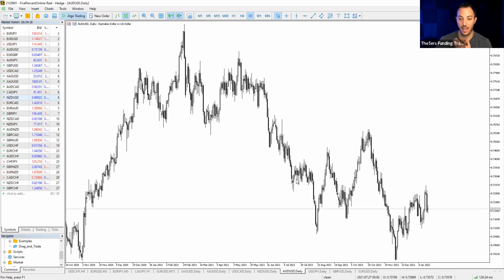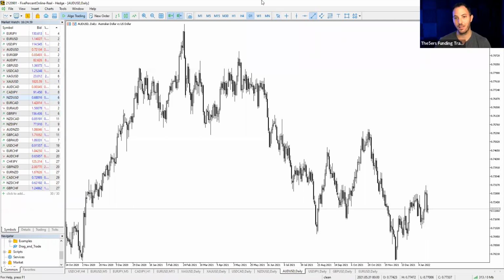Now look at the AUD USD, and we're expecting the unemployment report and the slowing down of the economy. So we do see the Australian dollar getting stronger, but in a very weak way, correct?